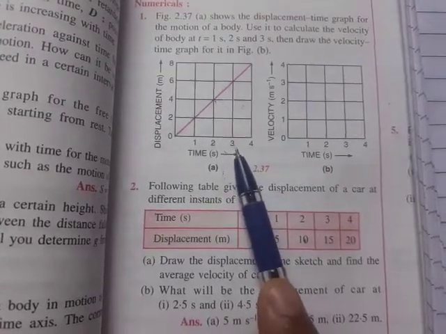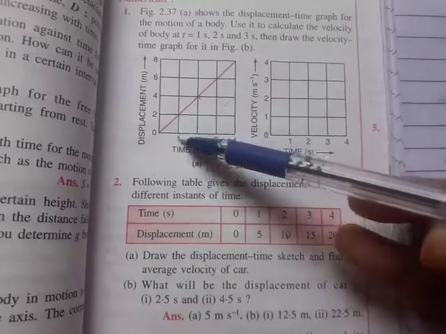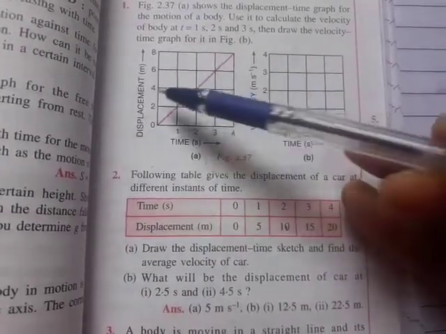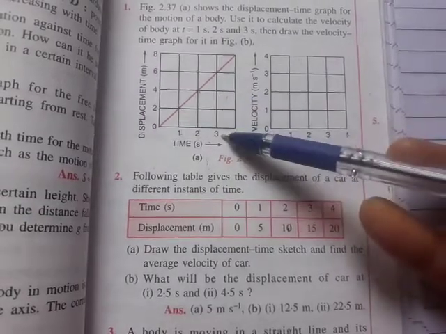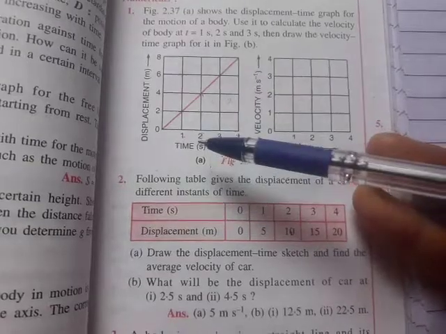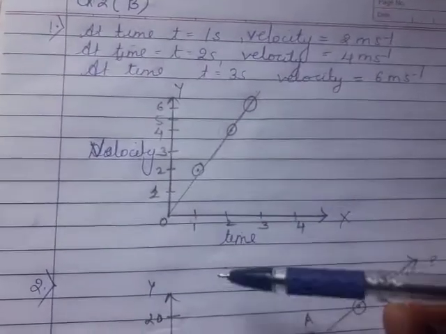So on the basis of this, for time 1 second it is 2 meter per second, for time 2 it is 4 meter per second, and for 3 it is 6 meter per second. So we have got the values of velocity, and we already know the timing. Afterwards, on the basis of this, I will be drawing the graph.